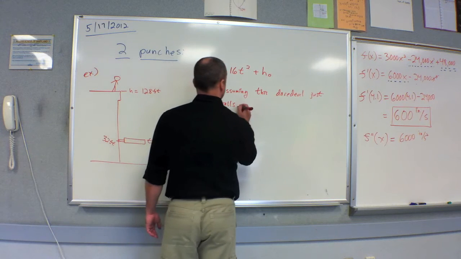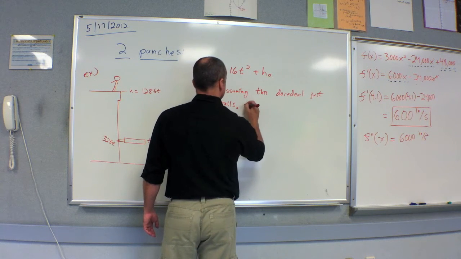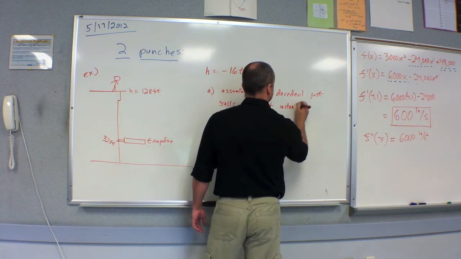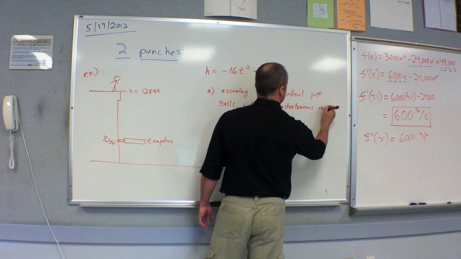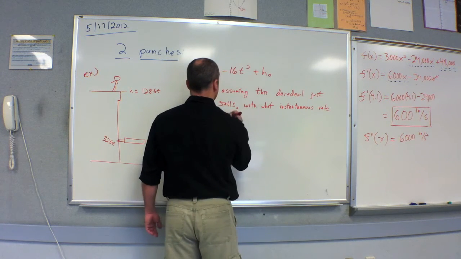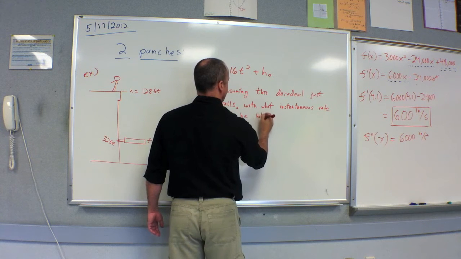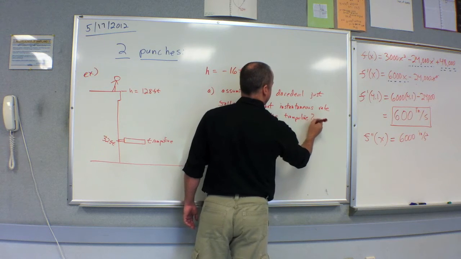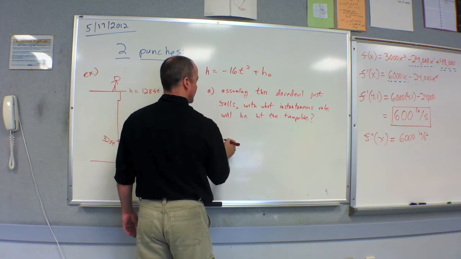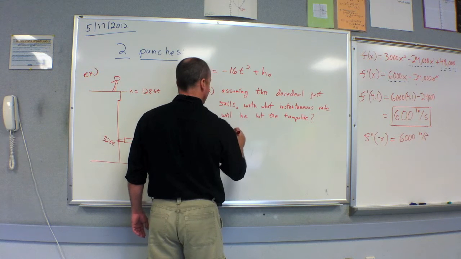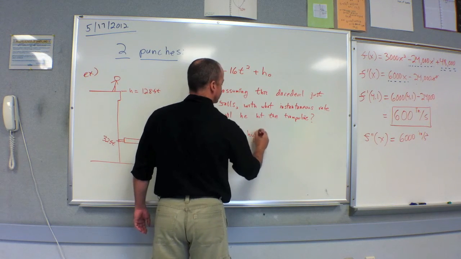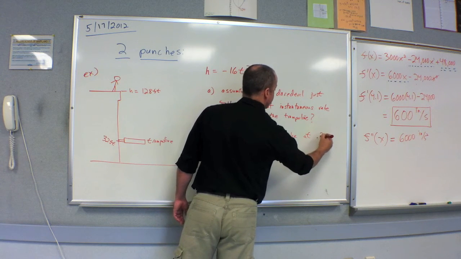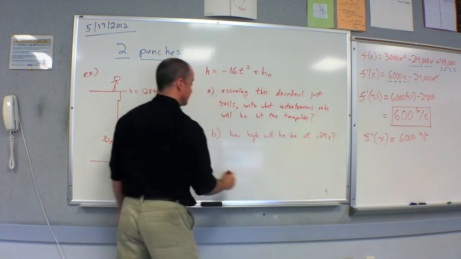Assuming he just falls, with what instantaneous rate will he hit the trampoline? B. How high will he be at 0.25 seconds after he falls?